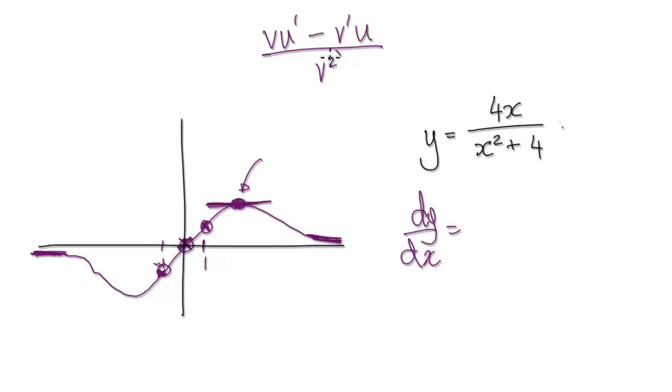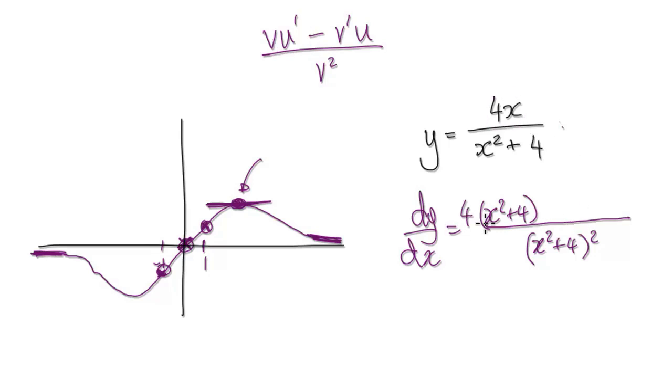So v squared would be this thing squared, x squared plus 4 squared. The v stays the same, so that would be x squared plus 4, and then you've got your u prime, which would be 4.